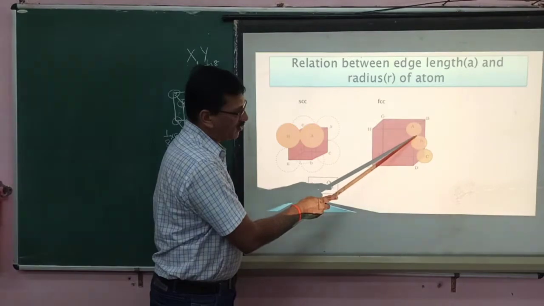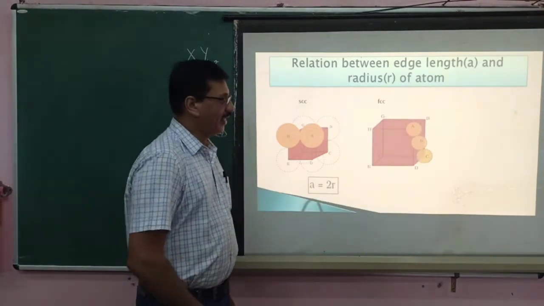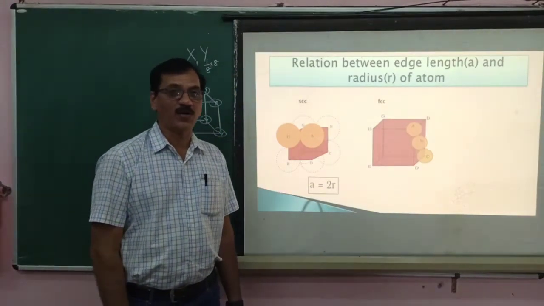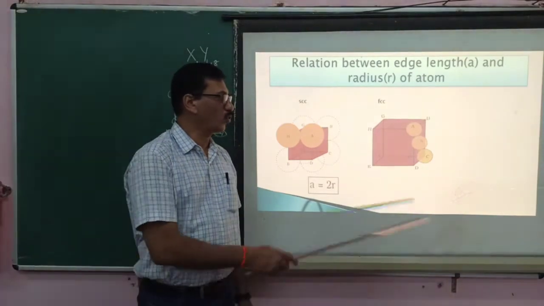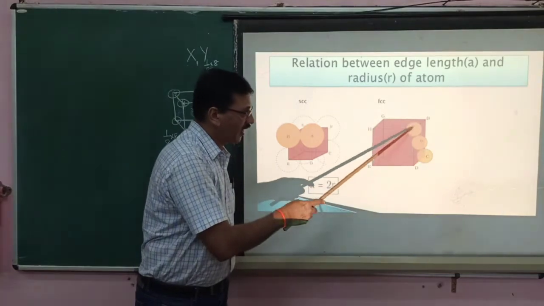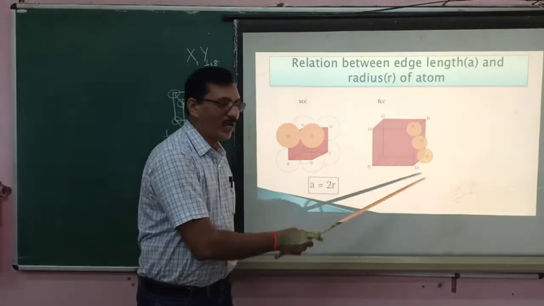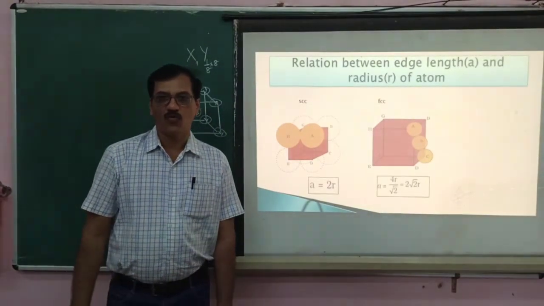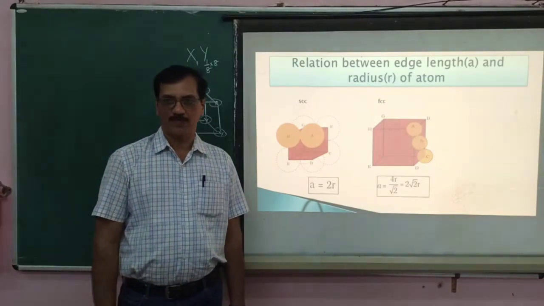Therefore, r plus r plus r plus r, 4r, is equal to the face diagonal. If the edge length is a, the face diagonal is given by root 2a. Root 2a is equal to 4r. Therefore, a is equal to 4r by root 2, or it can be written as 2 root 2 r.